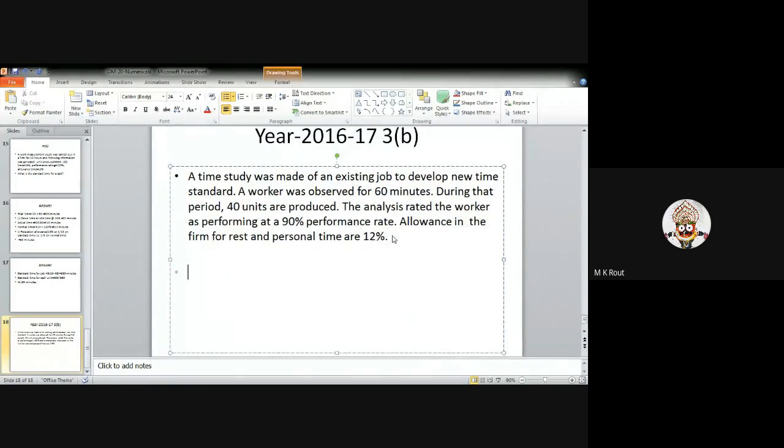So you have to calculate the normal time for the task and the standard time for the task.